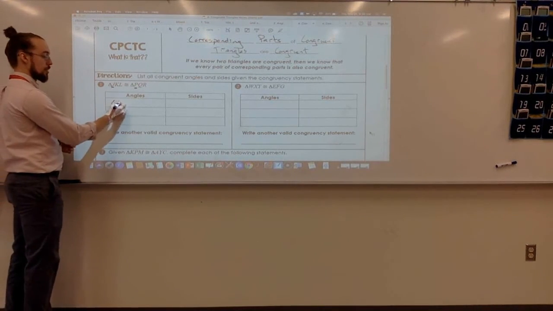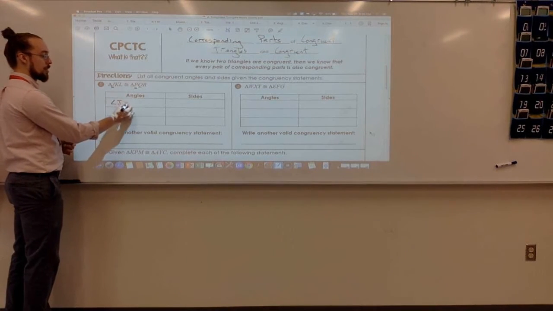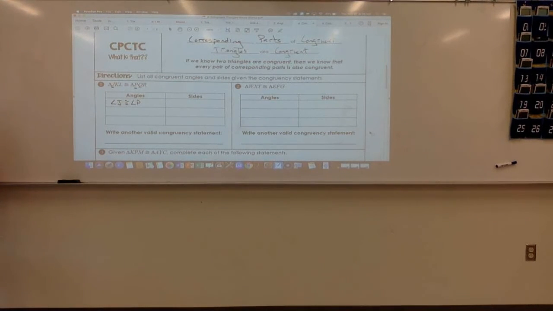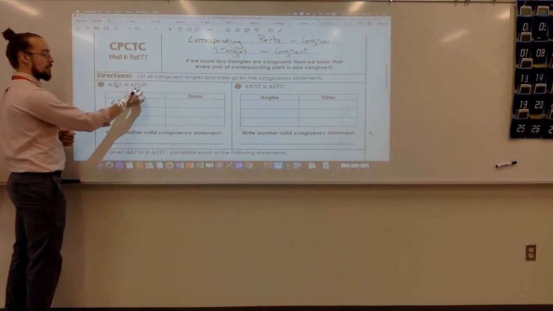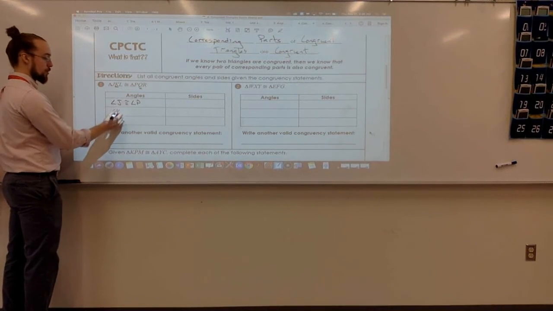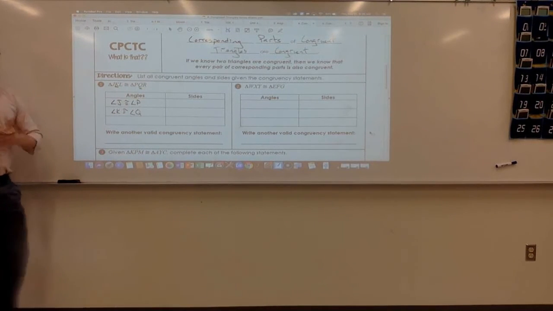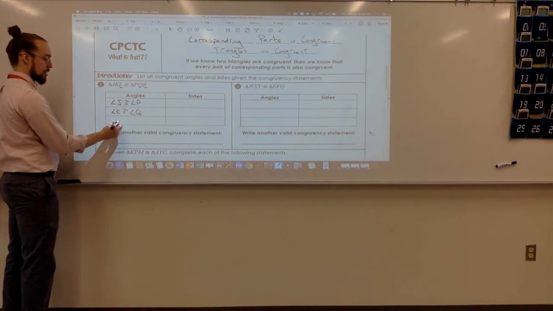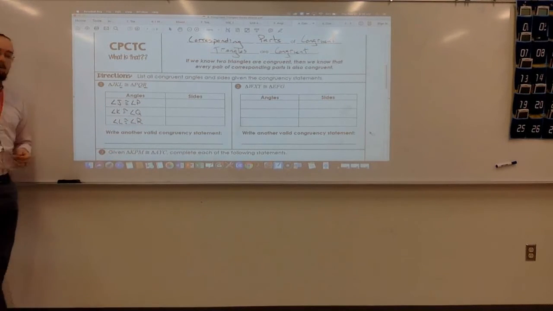So if I want to say what's a pair of angles, I can say angle J is congruent to angle P. Then I just look at the next one. Angle K and angle Q. I know those are going to be the same. And then the last one, L and R. So angle L is congruent to angle R.